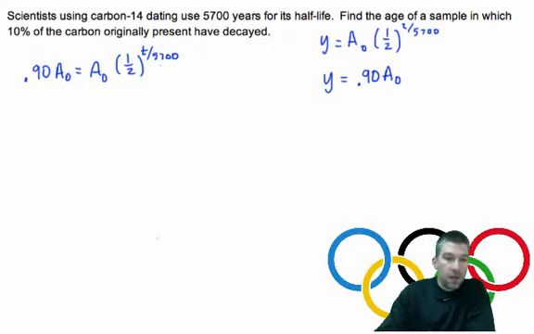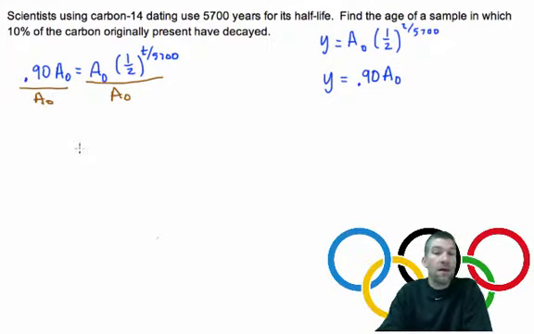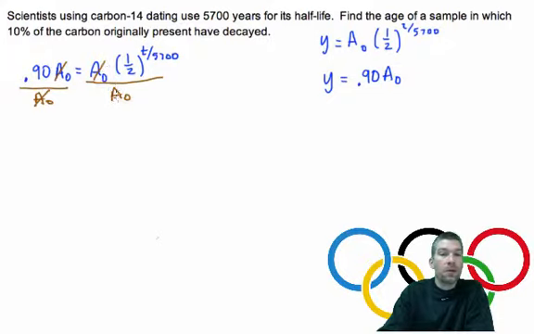Now, solve this like you would an algebra problem, and the first thing that we want to do is clear off all the things that are on both sides. So I can divide by the initial amount, and looky here, the initial amount actually cancels out on both sides. So as it turns out, it's not important when we're trying to solve for t in this situation.